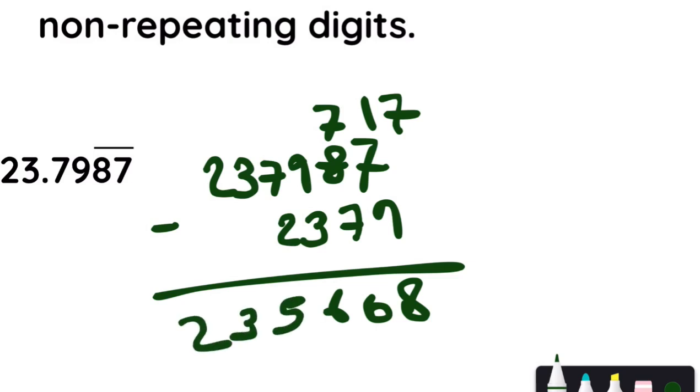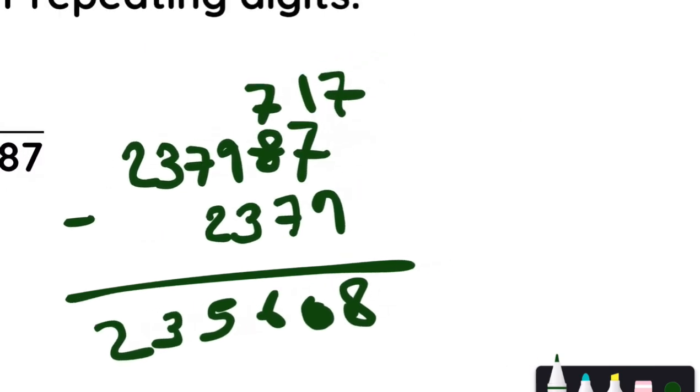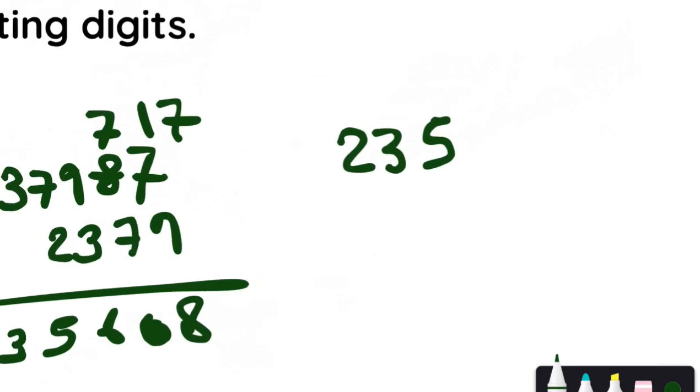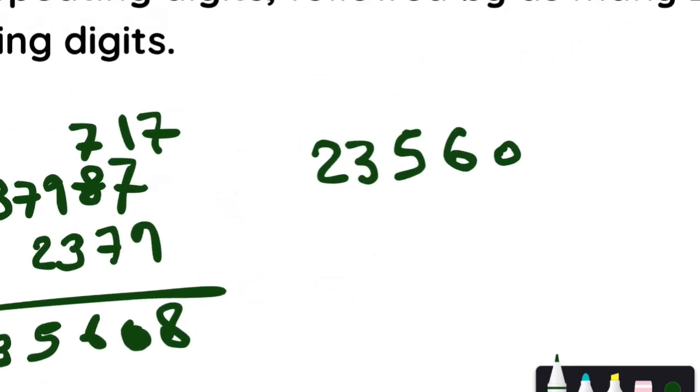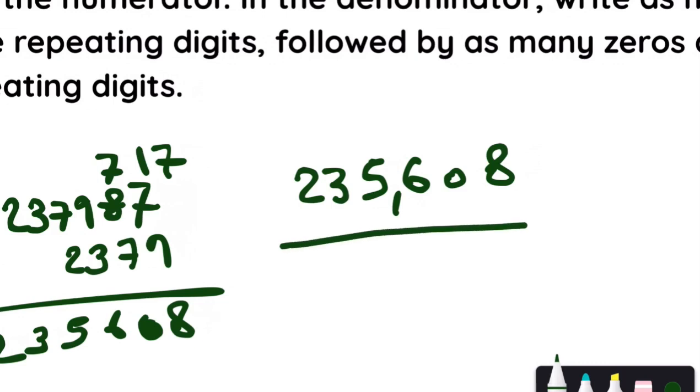This is our numerator. Okay, so this is a 0. So 2, 3, 5, 6, 0, 8, separating them. And then in the denominator part, we write nines for the repeating digits and zeros on the right side of the nines for the non-repeating decimal digits, right?